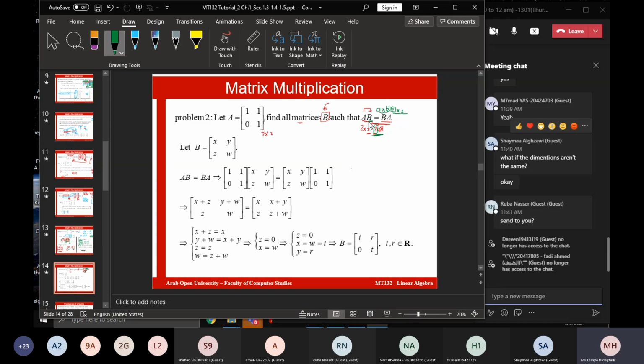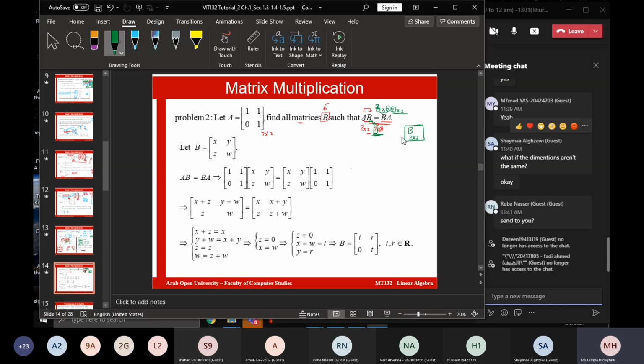So here we should have a 2. So the dimension of B should be 2 times 2 matrix. So B is a matrix of dimension 2 by 2.